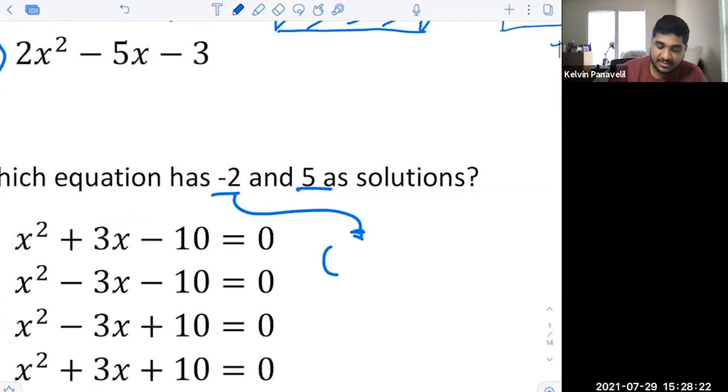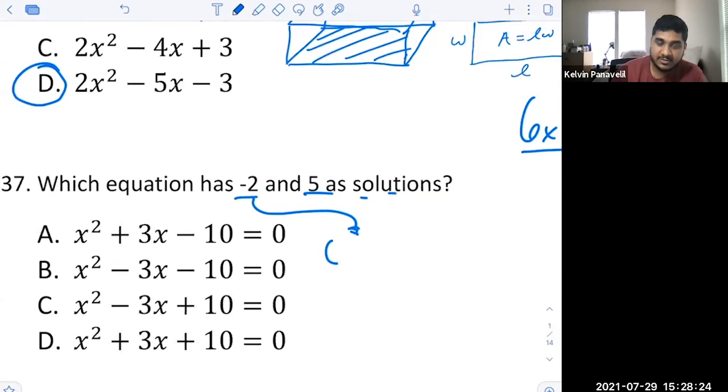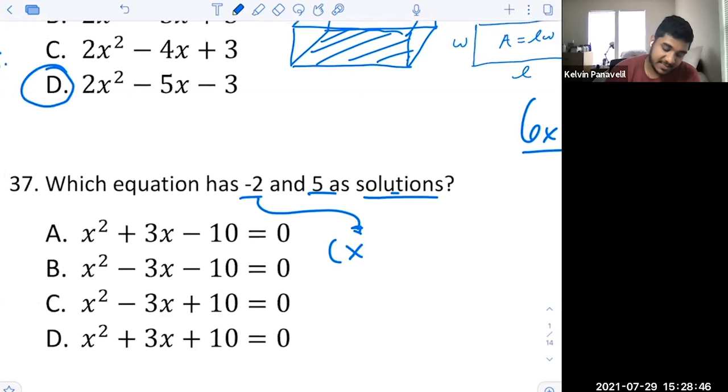If -2 is a solution, what's the factor going to be? Awesome, Amy. Let me see a bunch of people, even if you already see the answer, drop it in the chat. If -2 is a solution, the factor is going to be x plus 2.